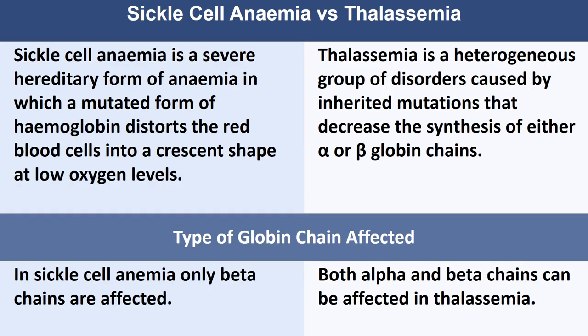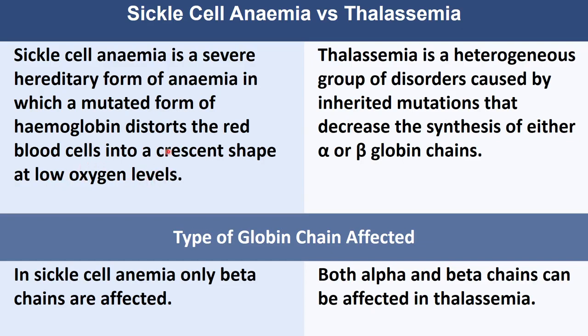Next question was, differentiate sickle cell anemia and thalassemia. So these are the differences. Sickle cell anemia is a severe hereditary form of anemia in which a mutated form of hemoglobin distorts the red blood cells into a crescent shape, or you can say sickle shape, at low oxygen level.